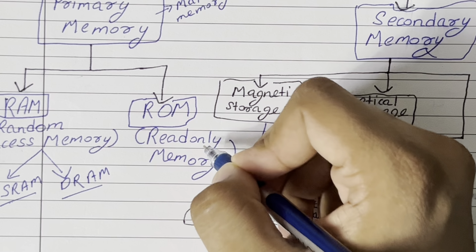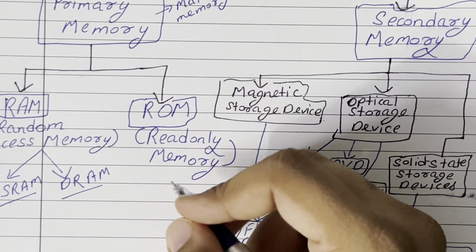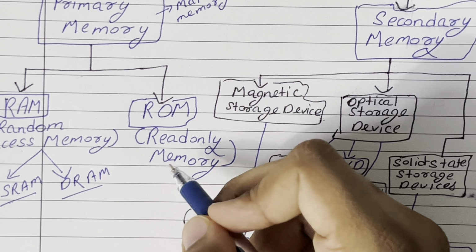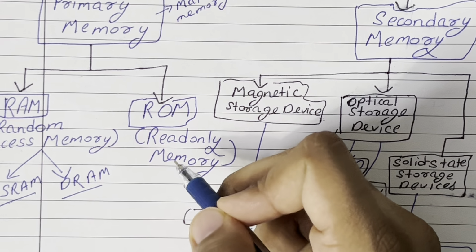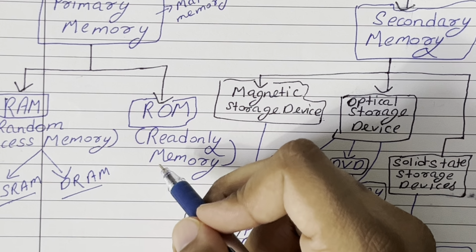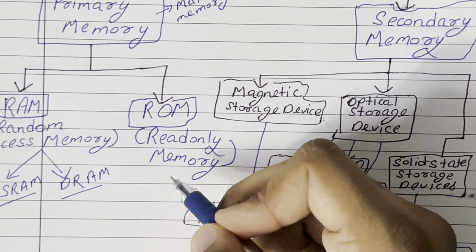ROM stands for read-only memory, and it is also a type of primary memory which permanently stores important instructions required for the basic operations of a computer system.